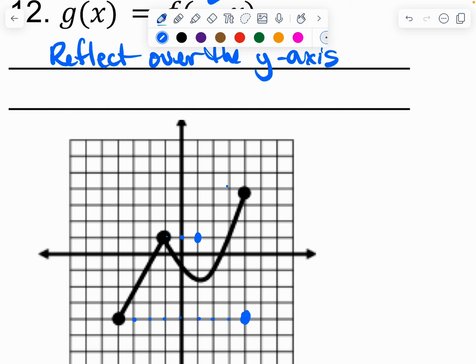Here I go over 1, 2, 3, 4. 1, 2, 3, 4. And then this one is like 1 and a little bit more. So here, how am I going to do this? I'm going backwards this time. Okay, it's pretty good, not bad. And there we go. We reflected it over the y-axis.